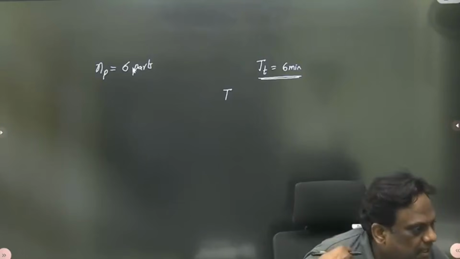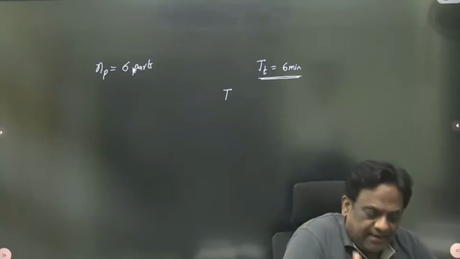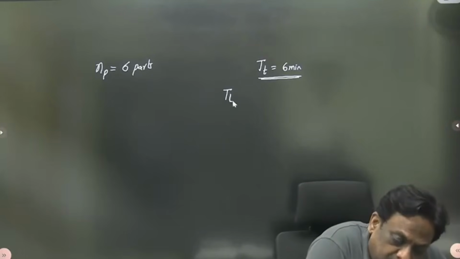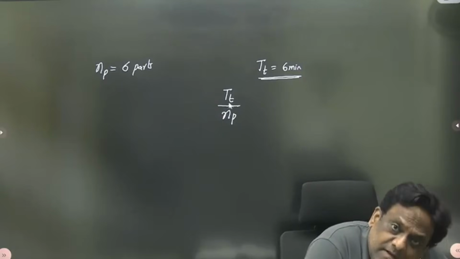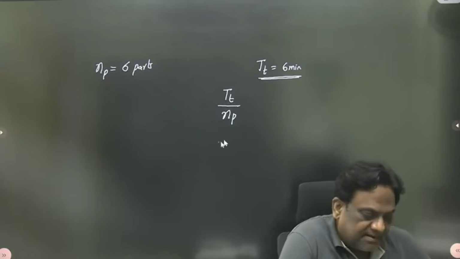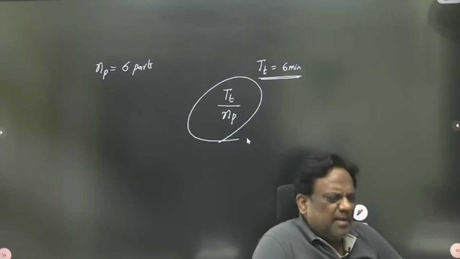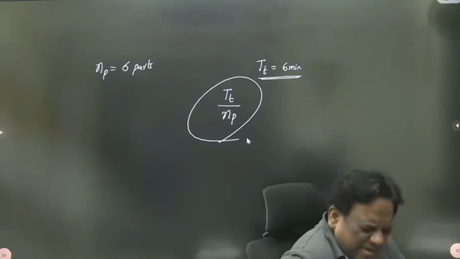You people have not understood. Did this make sense? Therefore, the tool changing time per piece is the tool changing time divided by the number of components produced before changing the tool. This is the right one, sir. Did you not understand? My dear children, did you understand this?